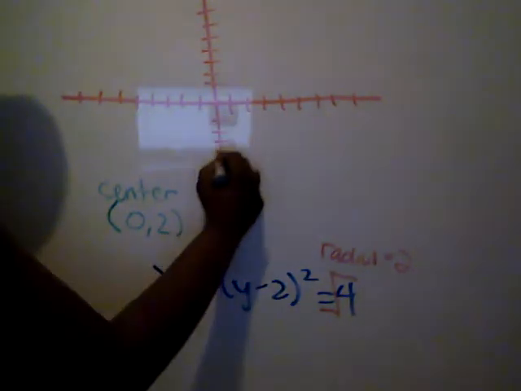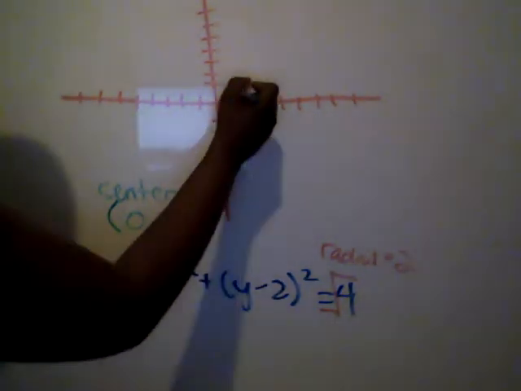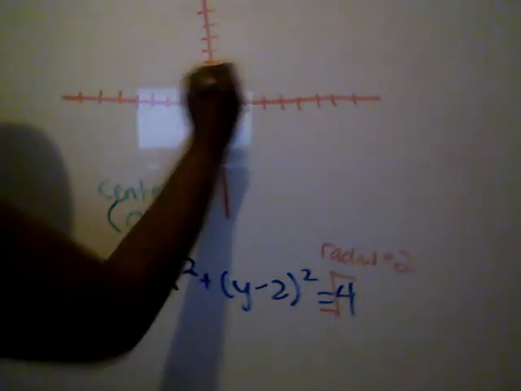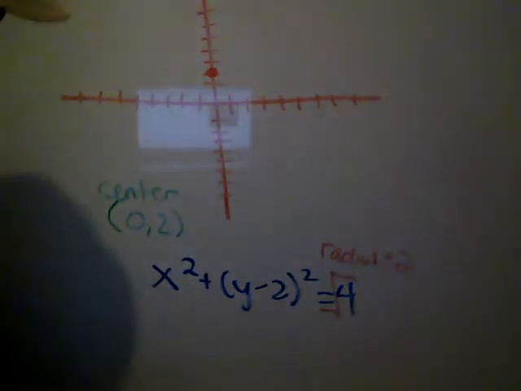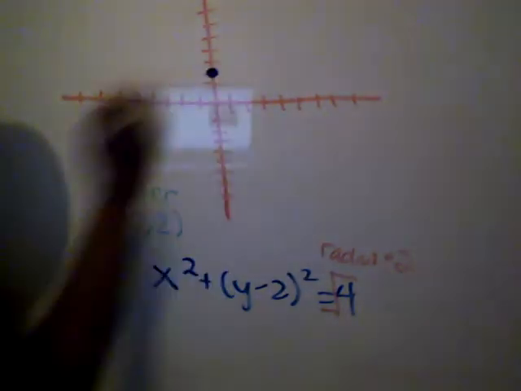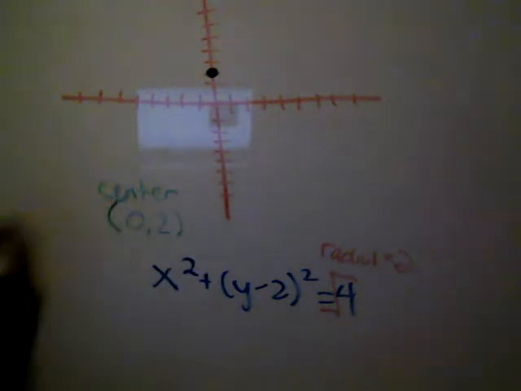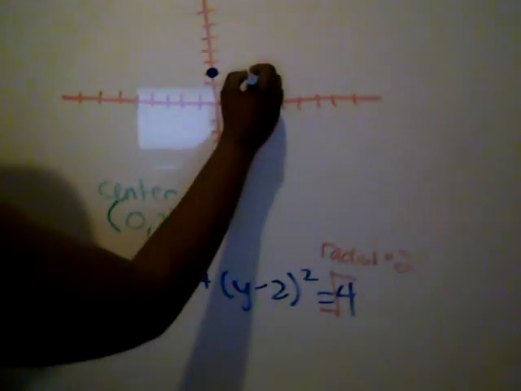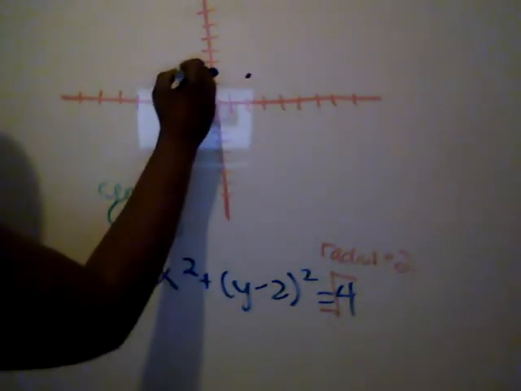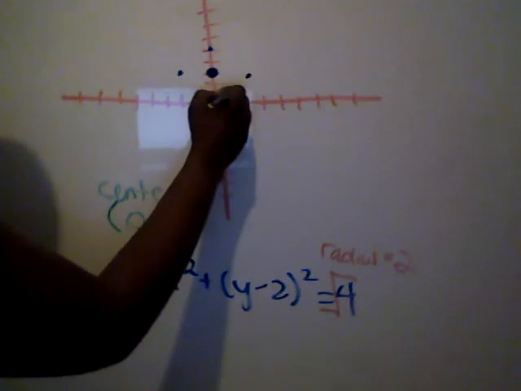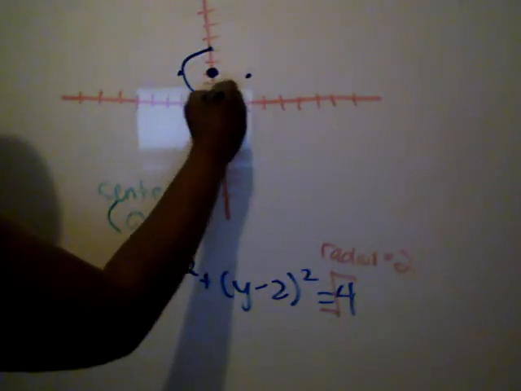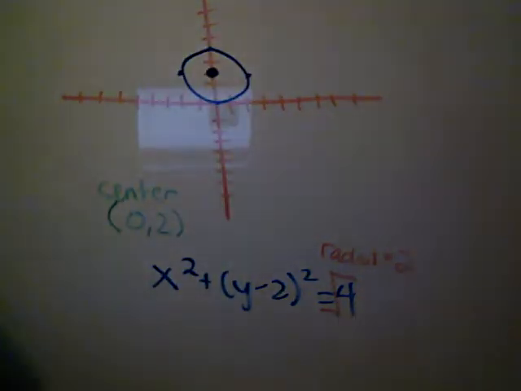We know for sure our center is at (0, 2), right here on the y-axis. Let me put this in a different color, to make it easier to see. And then we just go 2 in each direction: 2 to the right, 2 to the left, 2 up, and 2 down. So this generally would be our circle.